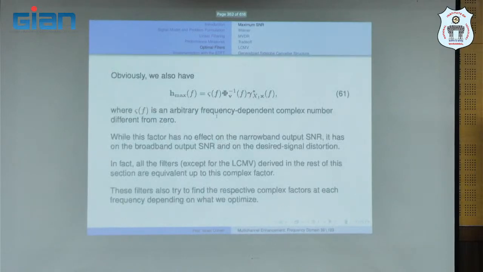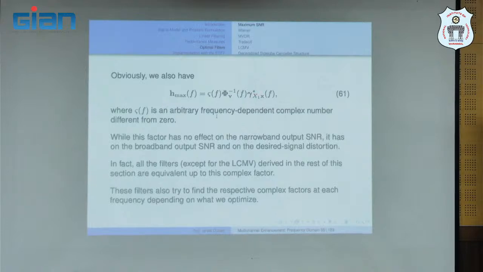Why? Because we saw that it looks like that. So it's proportional here. In order to do that, we will need to show that the narrowband Wiener filter is proportional to this.